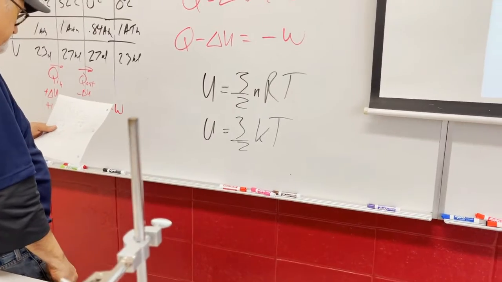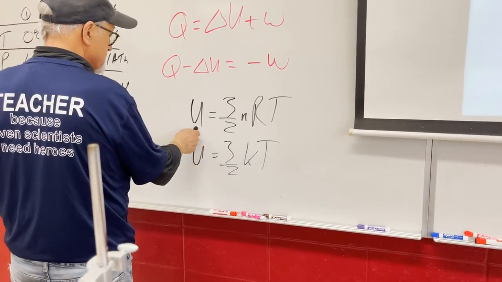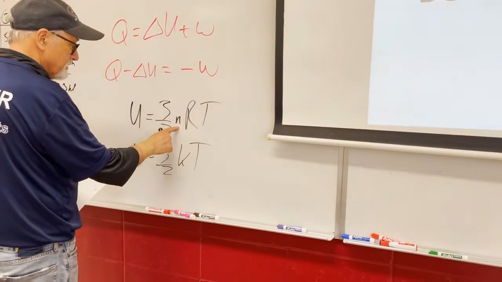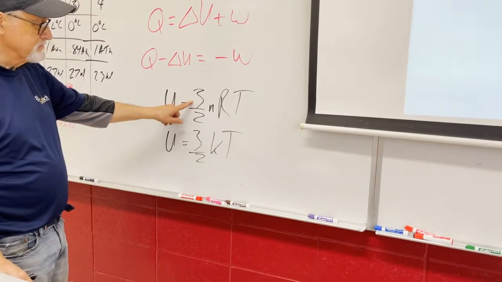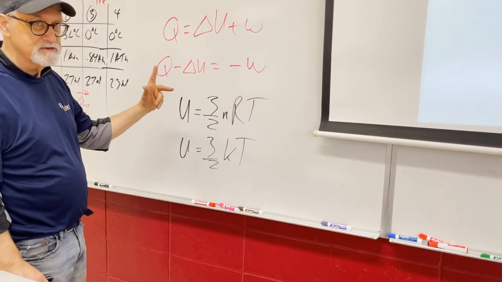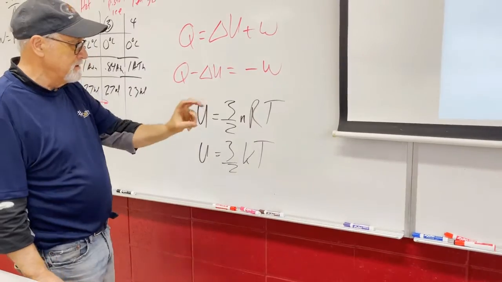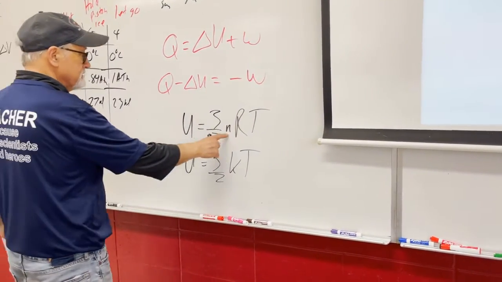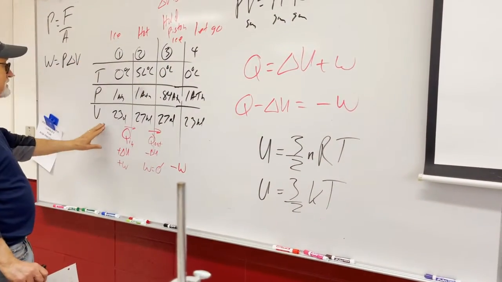Is that right? Okay, this is the internal energy of anything. It depends on how many particles and the temperature. This 3 right here is because of X, Y, and Z, the three directions, so it takes into consideration the motion. So we could use PV = nRT from our starting point.